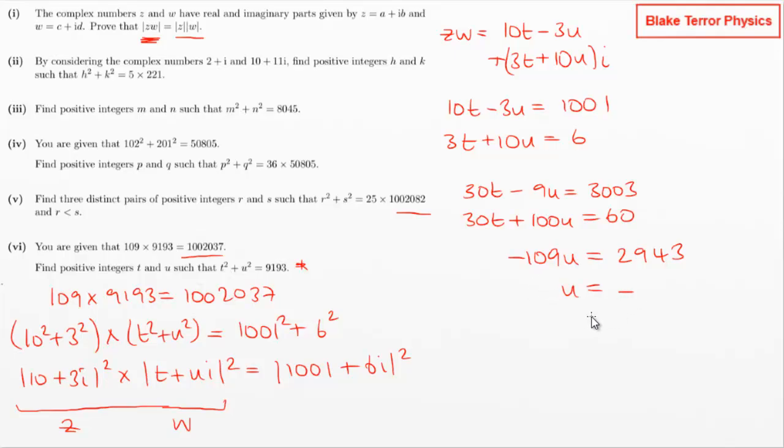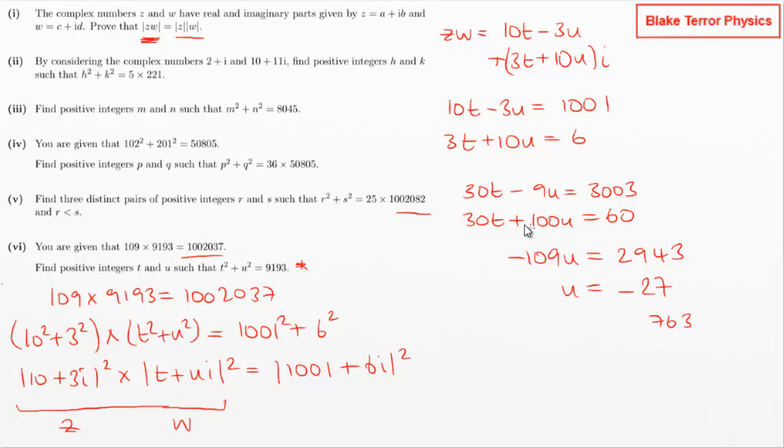So if you've got two lots of 109, I'm trying to divide 109 into 294, just doing a bit of bus stop here. So that's going to be an 18, so I'd have 76. So 763 is going to be 7 times.